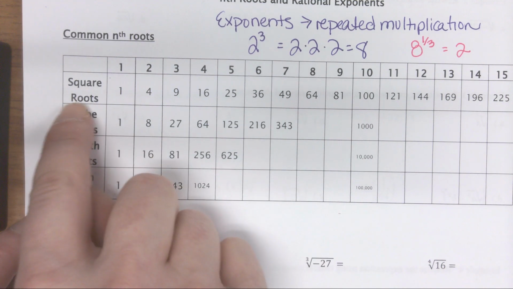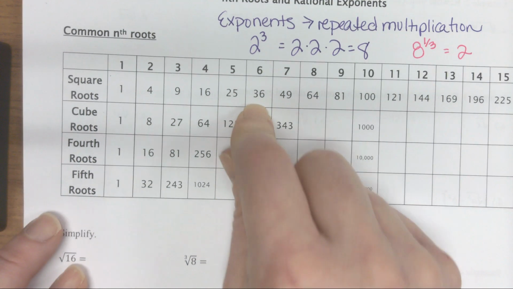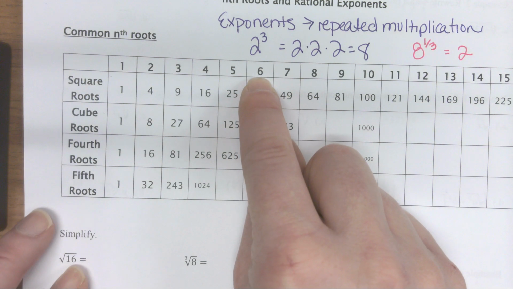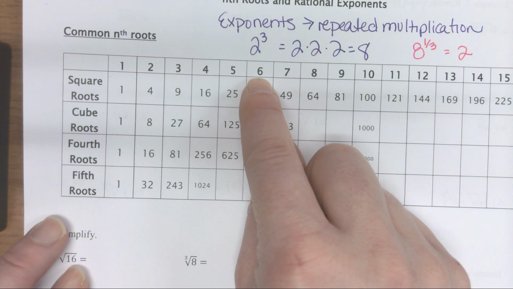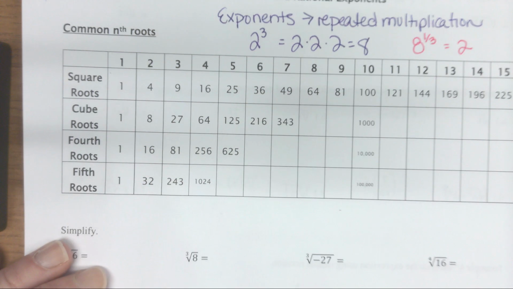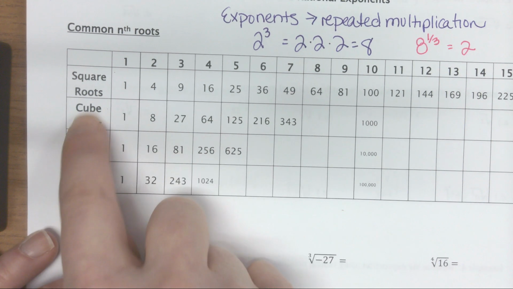When I'm looking at square roots, I think we probably know this. What's the square root of 36? 6. Why? Because 6 times 6, or 6 squared, is 36. Okay, so let's look at a third root, also called a cubed root.